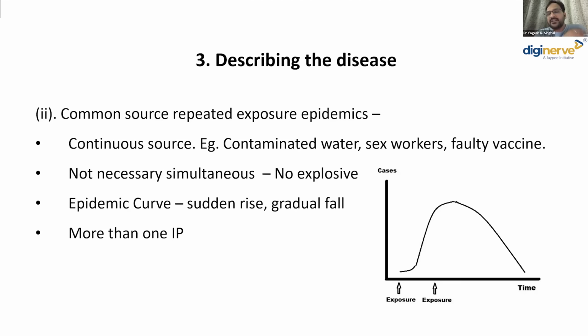If the installed water tank has a contaminated water supply, some students will be affected with jaundice or hepatitis. But if we do not clean that contaminated source of water, what will happen? The cases will increase day by day, and when patients recover, there will be a gradual fall, not a sudden fall.